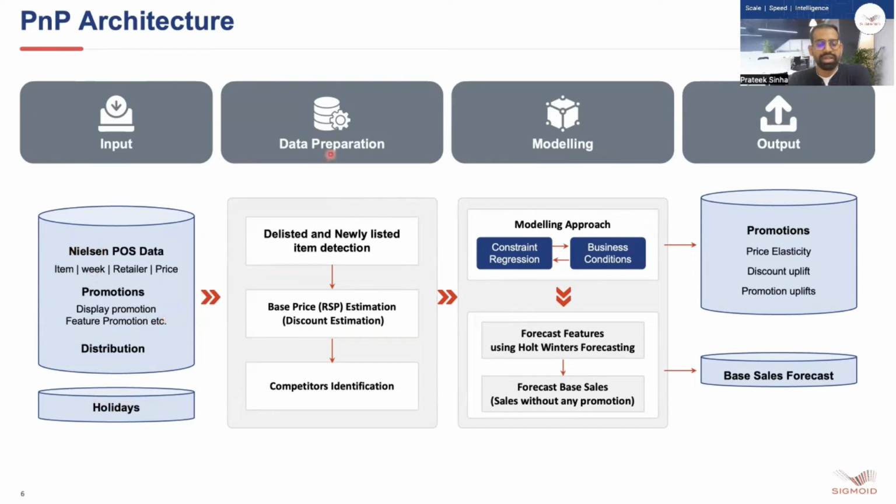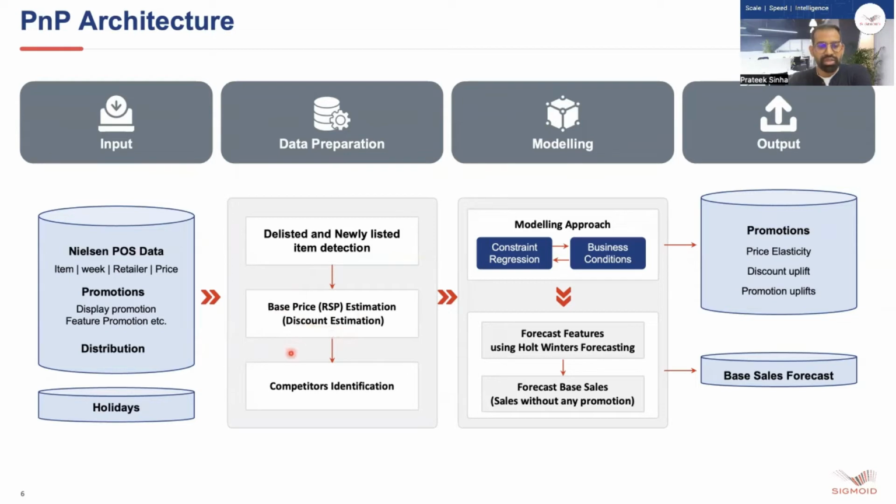This goes into the data preparation stage. In the first step, we do delisted and newly listed item detection. In this step, we identify which items are no longer sold in the market and which items have been newly introduced into the market. After this, we do base price estimation, which helps us to estimate discount.